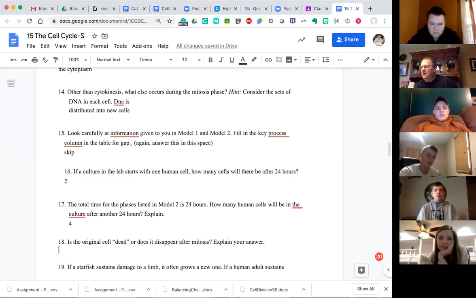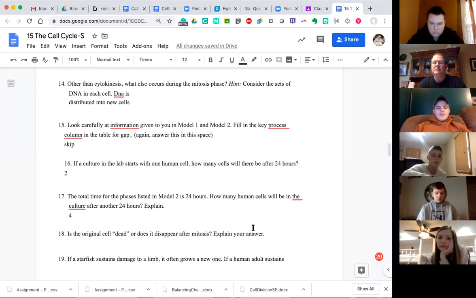Okay, 18. Is the original cell dead, or does it disappear after mitosis? Is it dead? The original cell made the 2 new cells. So the original cell is divided.